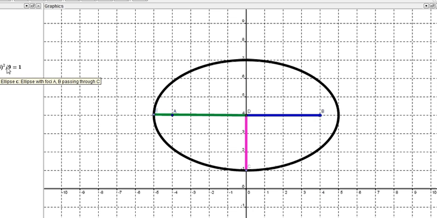The center right here at D is at 0, 4. And so x has nothing being subtracted or added to it, or 0 being added to it. And y has 4 being subtracted because that's the y value of the center here.